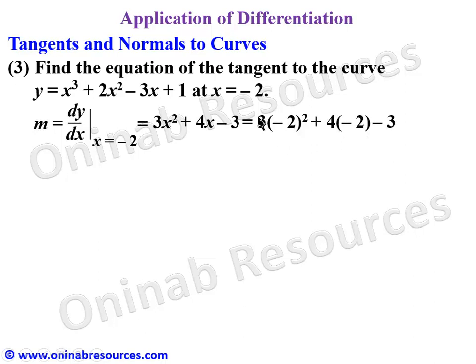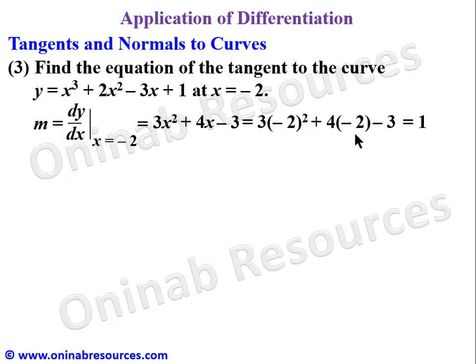This is 4 times 3, which gives 12, minus 8 gives 4, minus 3 gives 1. So the gradient of the tangent is 1, since the gradient of the curve at that point is 1.